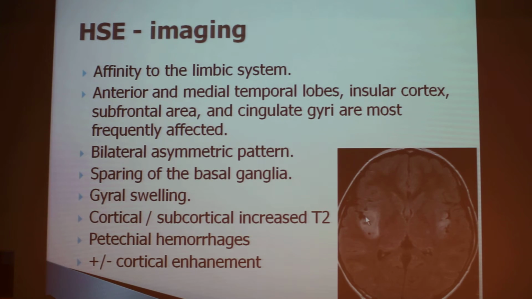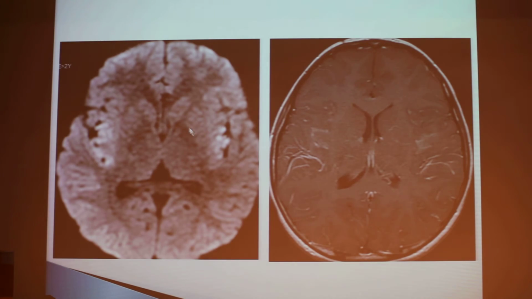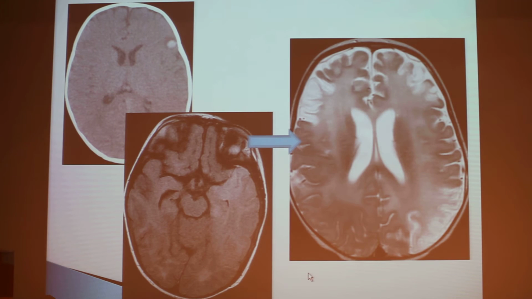And you see increased T2 and gyral swelling in the cortex and subcortical white matter, and you might see enhancement. And this is the DWI of the same case. We see DWI restriction and faint enhancement. And this is another case of HSV encephalitis in a child that presented with lethargy, and on CT, the almost only sign was this small hemorrhagic focus.